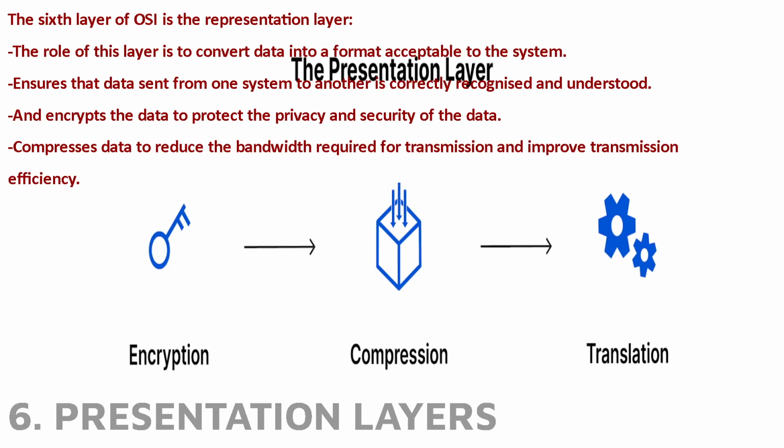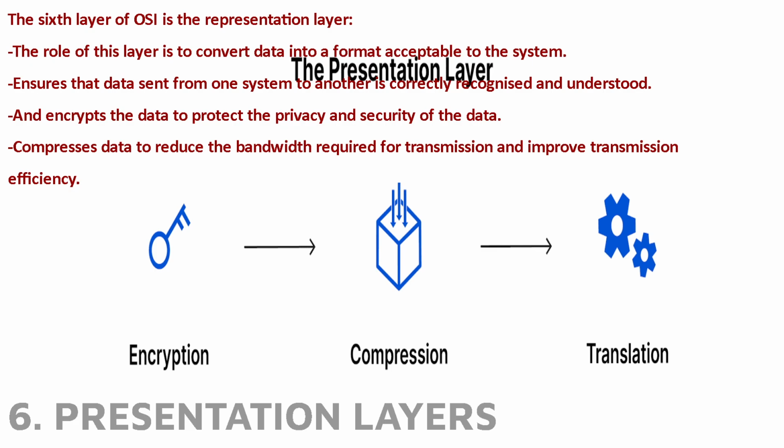And our sixth layer would be the presentation layer. The sixth layer of the OSI model is the presentation layer. The role of this layer is to convert data into a format acceptable to the system, ensures that the data sent from one system to another is correct, recognized, and understood, and encrypts the data to protect its privacy and security.